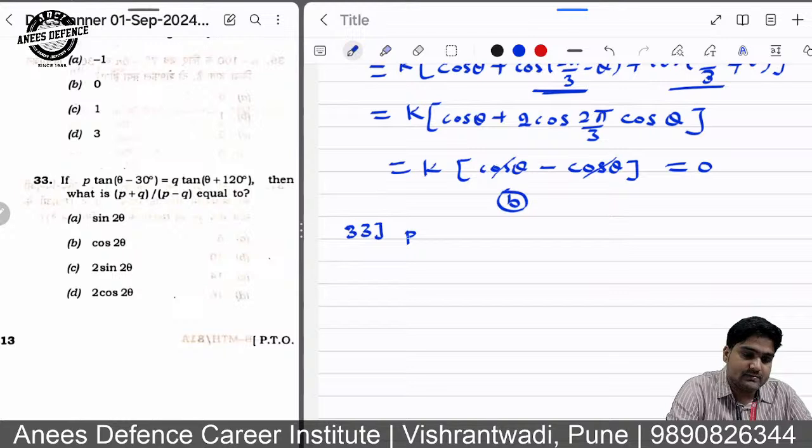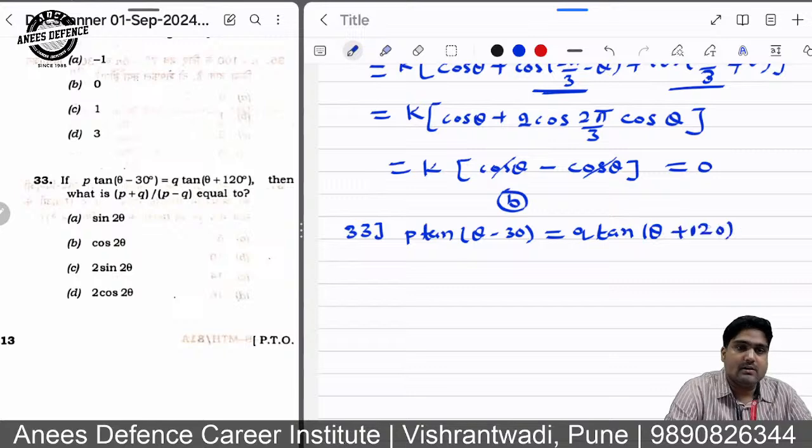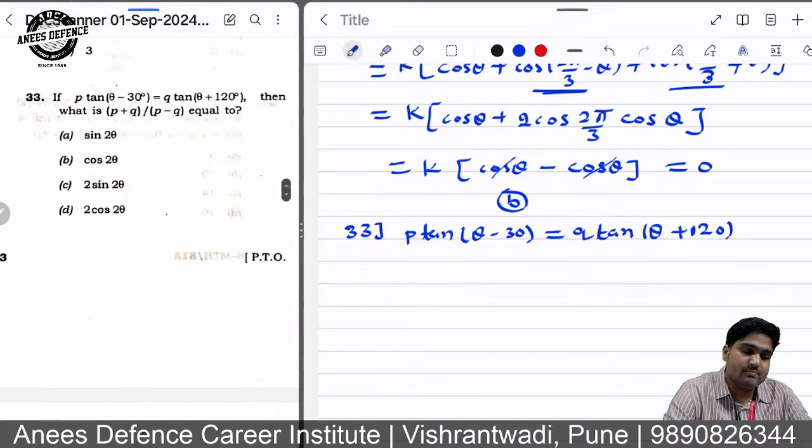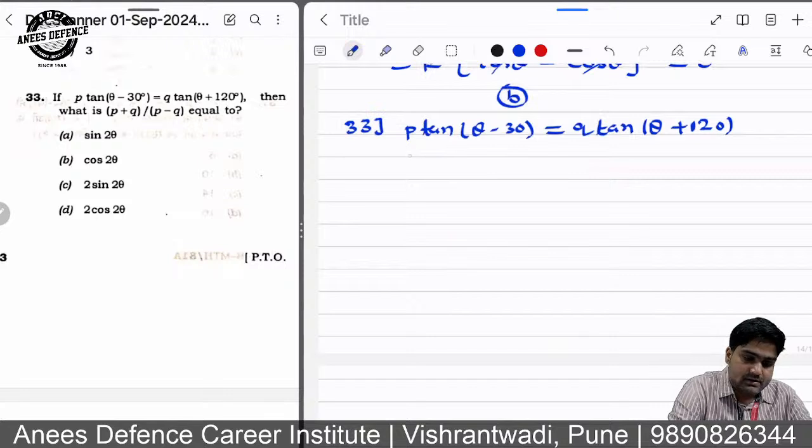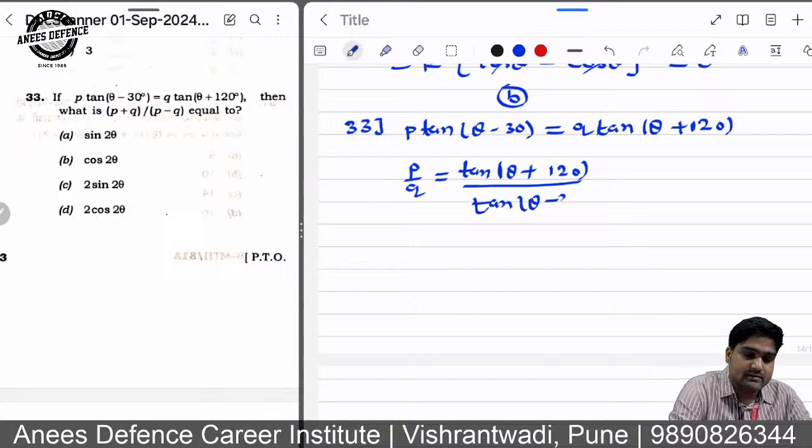The expression is given as P tan(theta minus 30 degree) equals Q times tan(theta plus 120 degree). We have to calculate the value of (P plus Q) upon (P minus Q). So we can use componendo and dividendo here. We can write P by Q as tan(theta plus 120 degree) upon tan(theta minus 30 degree).